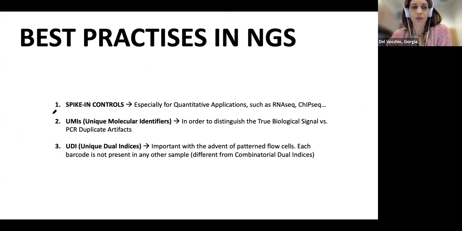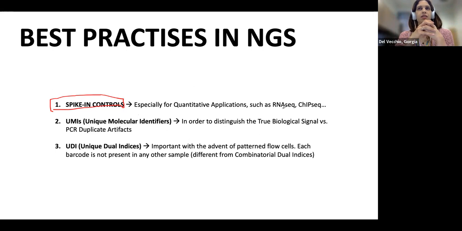So probably if you ever performed a qPCR or an RNA extraction, you already saw terms like spiking, okay? It's extremely important, especially for quantitative applications such as RNA-Seq or ChIP-seq, because every time we analyze RNA sequencing, we are assuming that all the cells have the same number of transcripts.